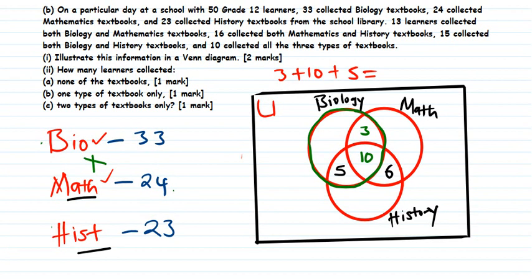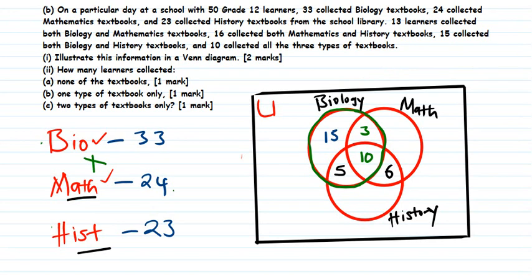So 10 plus 5 is 15 plus 3, that's 18. So subtract now 3 minus our 18. Okay, so what is 3 minus 18? So that is a 15. So that's what I'm going to write there.